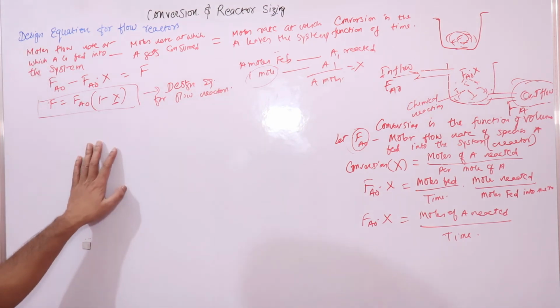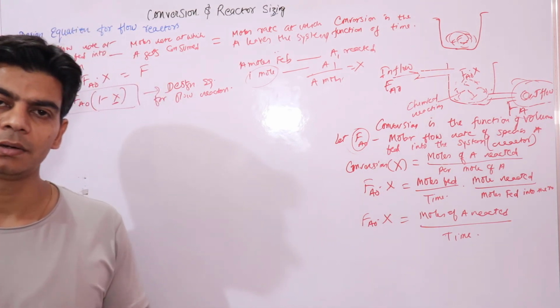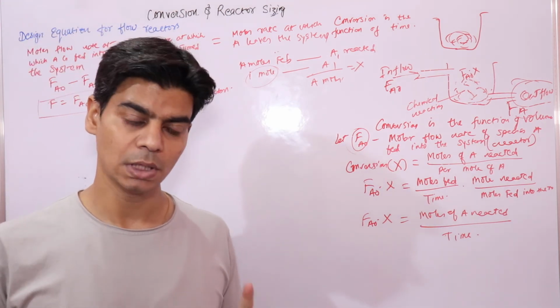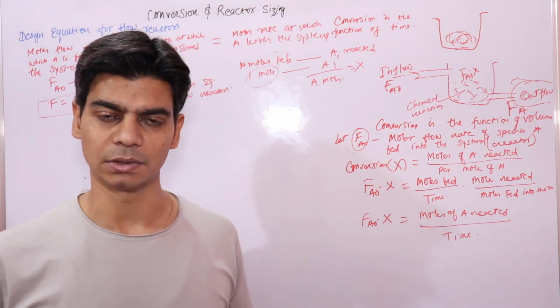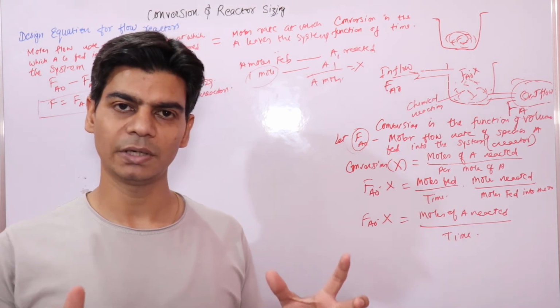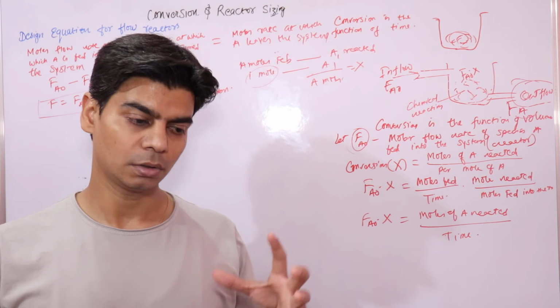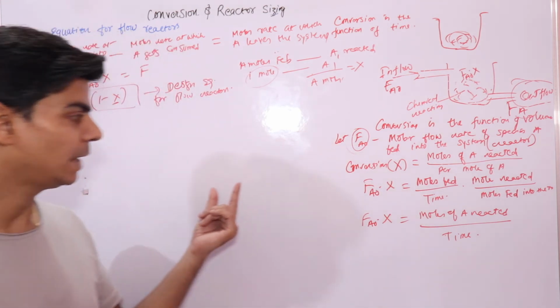Now we would be using this equation for all the flow reactors, CSTR, PFR and PBR, to modify the mole balance equation in order to get the design equation. Once you have the design equation, you can size the reactor, that is, you can find the volume of the reactor required for the conversion which is given by X.